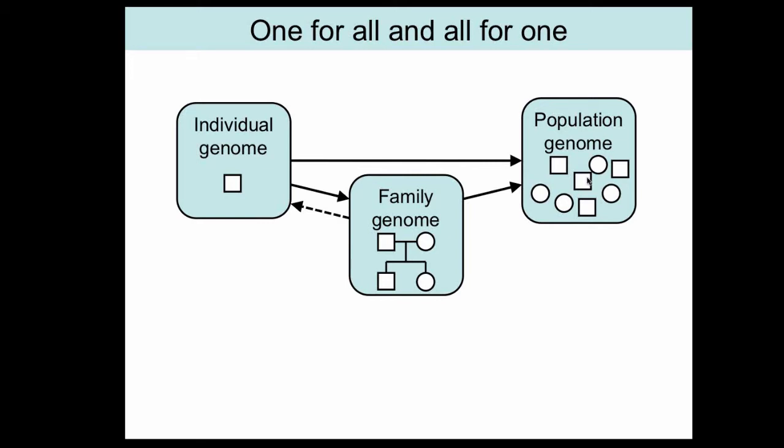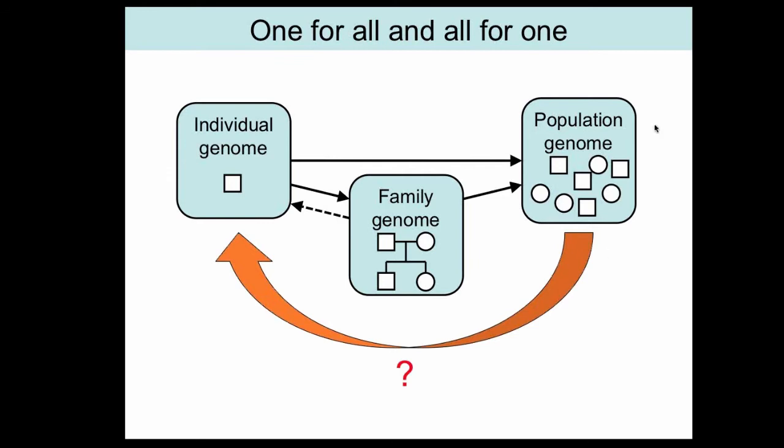As we see here in the slide, from sequencing an individual genome, we can learn about the genome of the family, and we can also accumulate that information into the genome of a population. And then the big question is, how can we take this kind of information that we gain from accumulating many genomes to improve the annotation of a single genome?